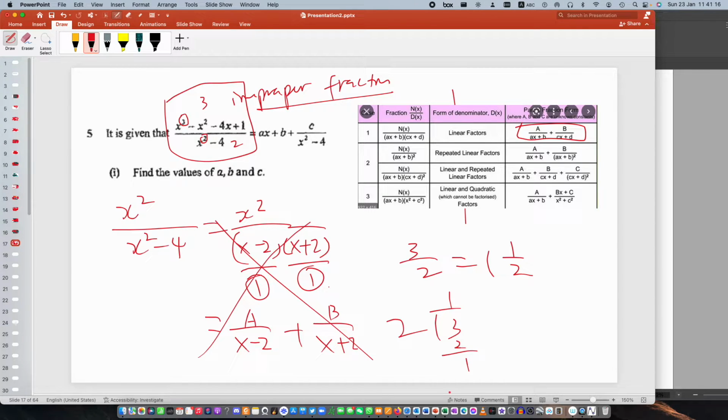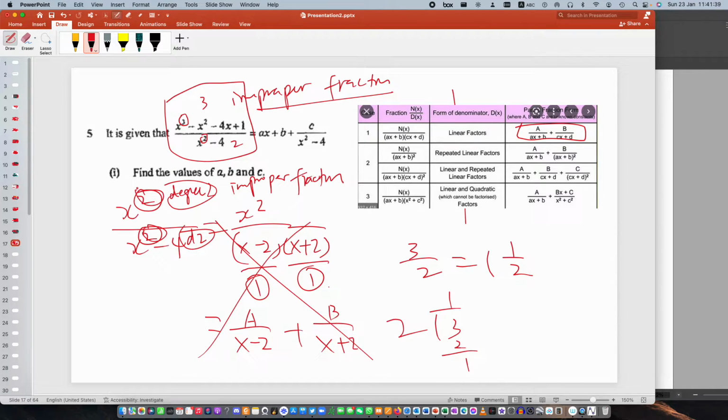Wrong. Because this is degree 2 and this is also degree 2. If both are degree 2, this is an improper fraction.